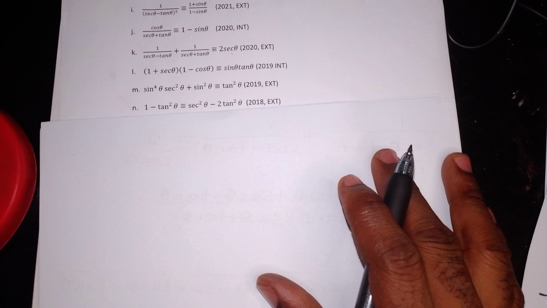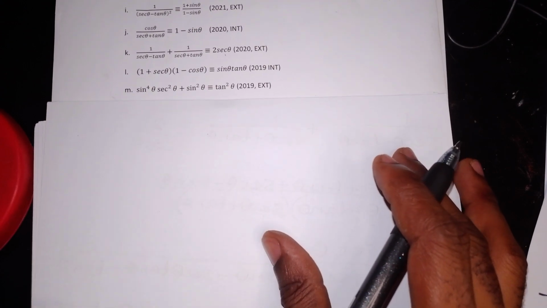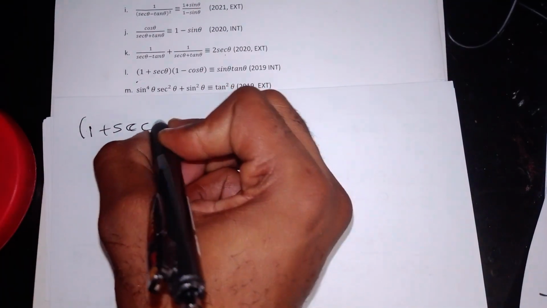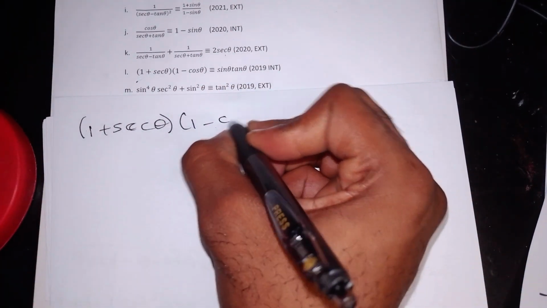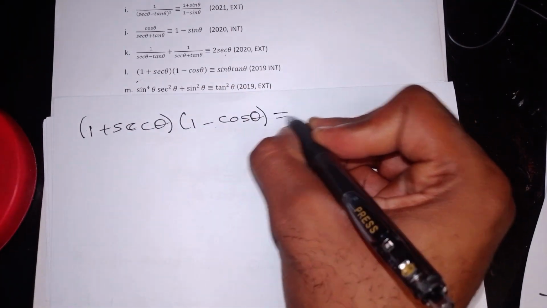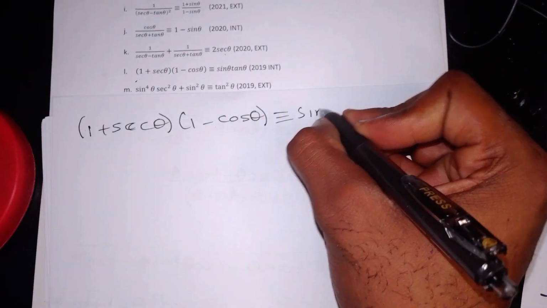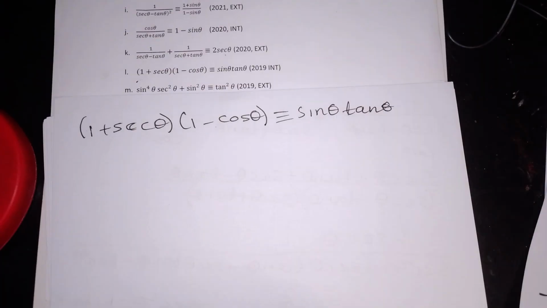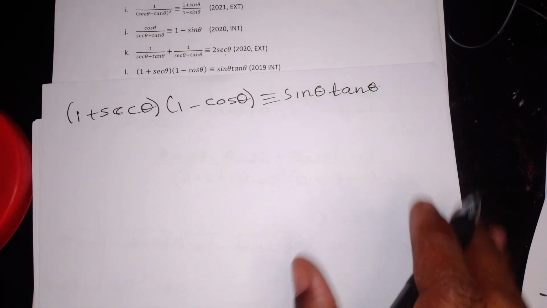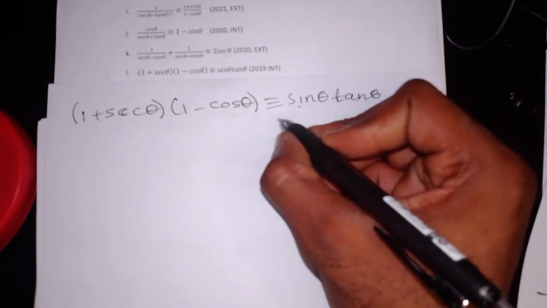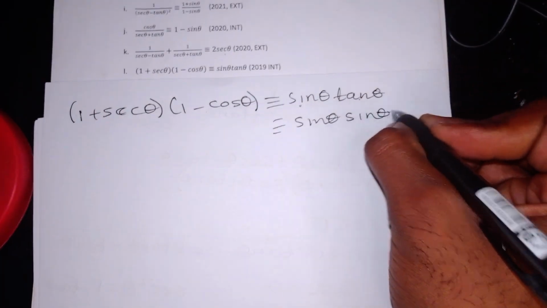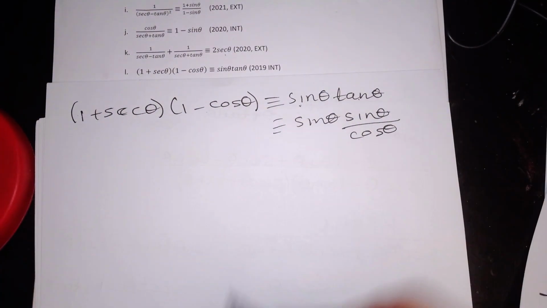And then next we have 2019 internal. This is 1 plus sec theta times 1 minus cos theta, and this is equivalent to sine theta tan theta. So sine theta tan theta is like sine theta over cos theta.